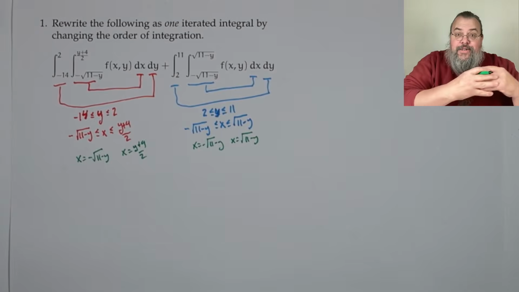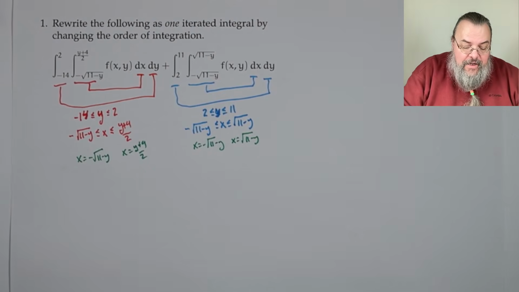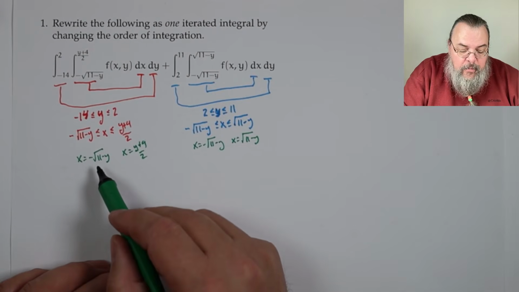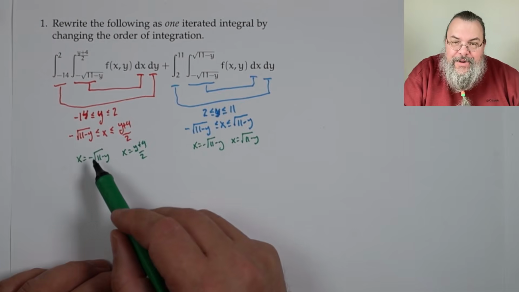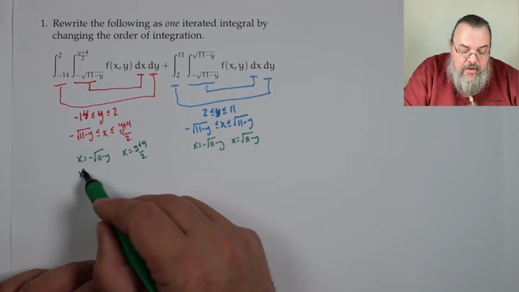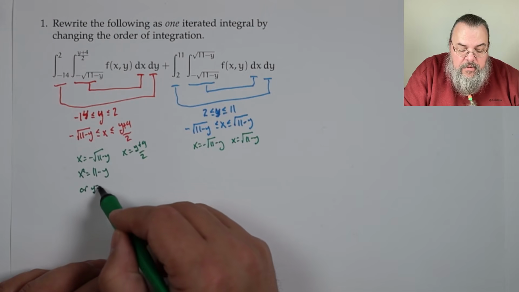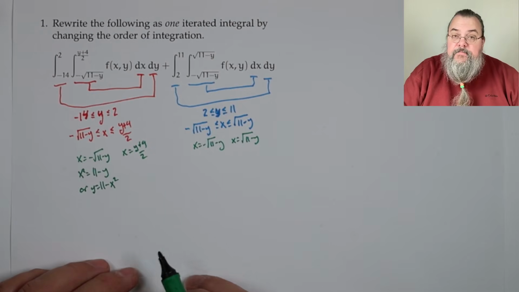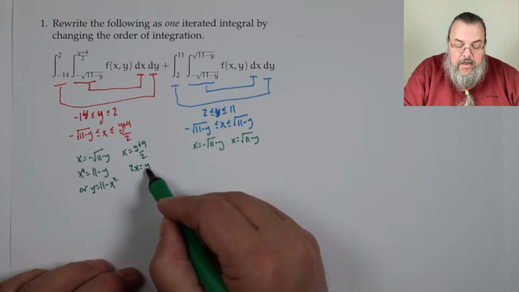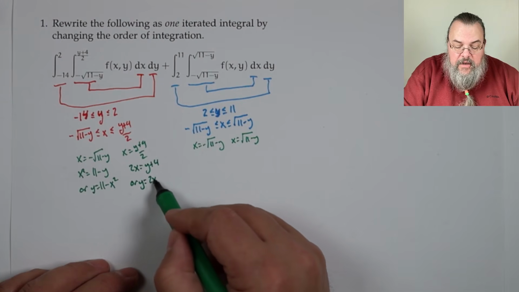So not x as a function of y, but y as a function of x. All right, so let's solve for y. And one thing that's good is to get rid of the square root. So we square both sides, and we get x squared equals 11 minus y, or y equals 11 minus x squared. Here we can multiply by 2. 2x equals y plus 4, or y equals 2x minus 4.